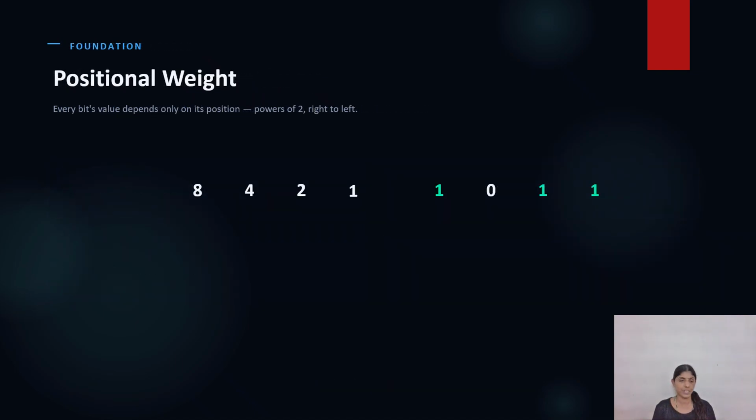Okay, the foundation for this is positional weight. I want to remind you of module 18, where you learned digital number representation and number systems. I told you number systems are classified into two types: the non-positional number system, which is additive, and the positional number system, which is weighted.